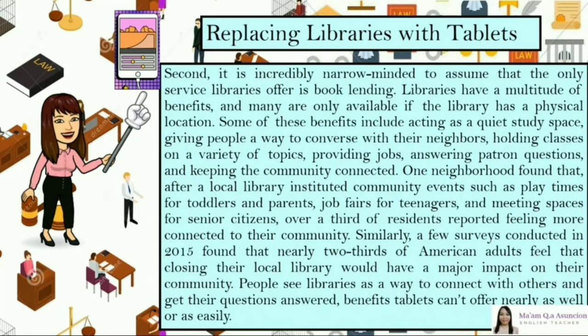Similarly, a few surveys conducted in 2015 found that nearly two-thirds of American adults feel that closing their local library would have a major impact on their community. People see libraries as a way to connect with others and get their questions answered, benefits tablets can't offer nearly as well or as easily.